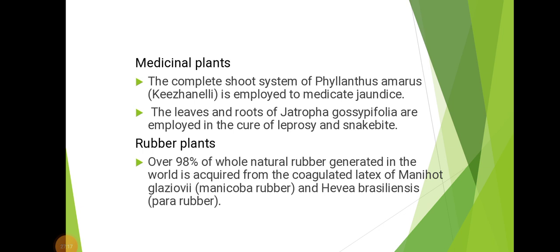To see the medicinal plants, the complete shoot system of Phyllanthus amarus is employed to medicate jaundice. The leaves and roots of Jatropha gossypifolia are employed in the cure of leprosy and snake bite.